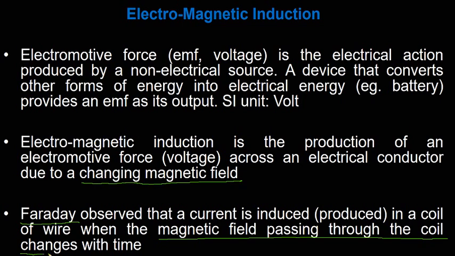And so this became an important discovery, that we were able to produce current in a coil by changing the magnetic field through the coil. And this magnetic field was produced by some magnets which were present near the coil. And essentially that is the principle using which we still produce electricity to this day.